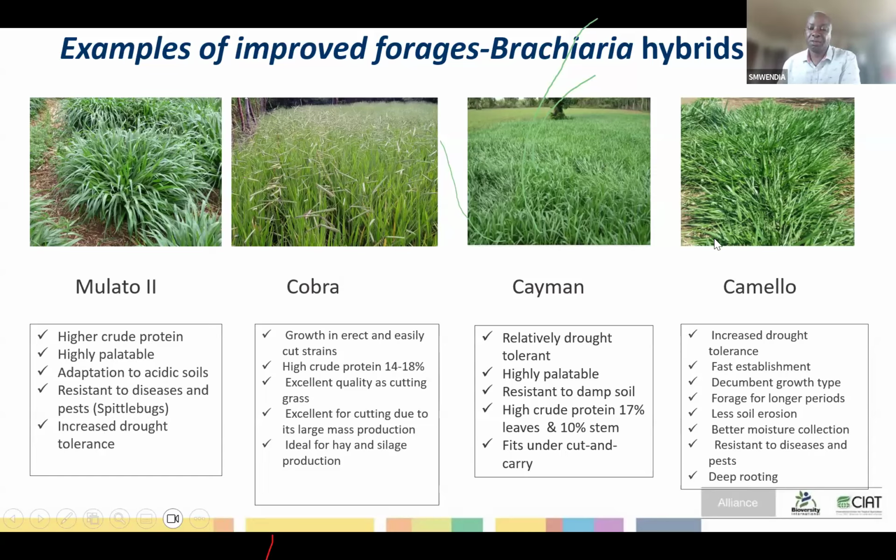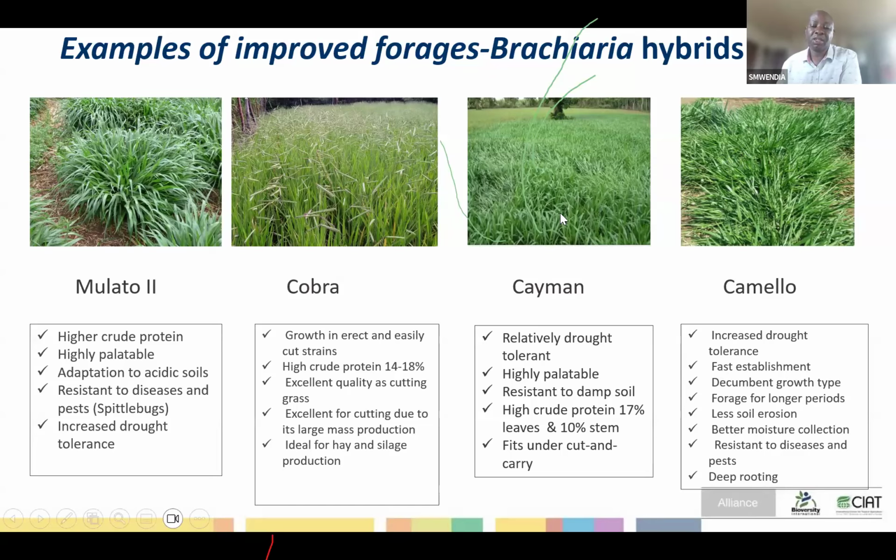For example, what we have here, Camello. Camello actually has been registered by KEPHIS this year. And as you can see from the word, there's a word camel there. And you know a camel is an animal that can thrive in harsh conditions. And this variety is actually bred for relatively harsh conditions that are not well endowed with enough rainfall, and they're also deep rooting, and it's a hybrid actually.